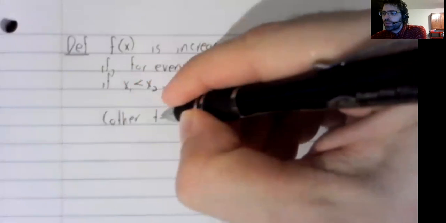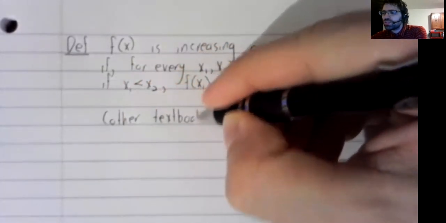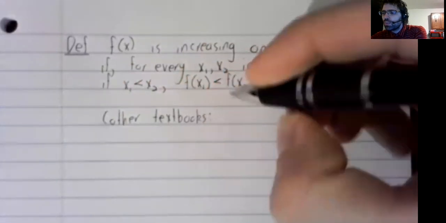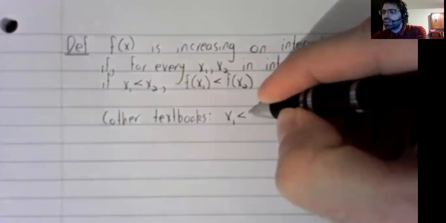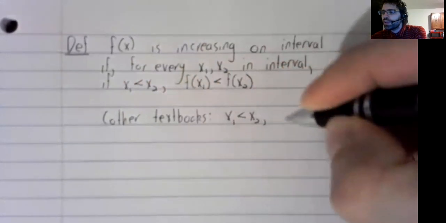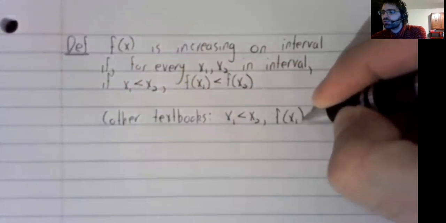Other textbooks would make that second inequality non-strict.